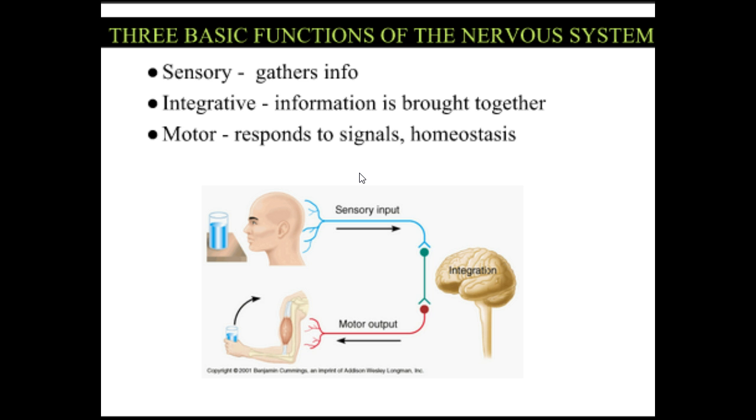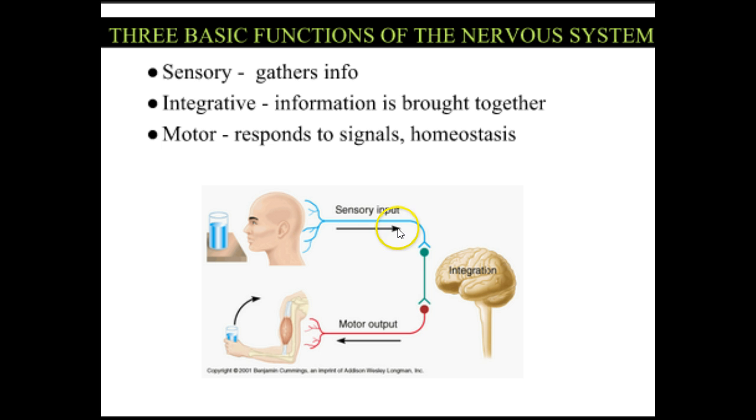Okay, so there are three functions of the nervous system. We have the sensory, which gathers info. We have the integrative, in which the information is brought together, and then we have the motor, that responds to signals, and it's responsible for maintaining homeostasis. So here we have our sensory input, and that's our body telling us I'm thirsty.